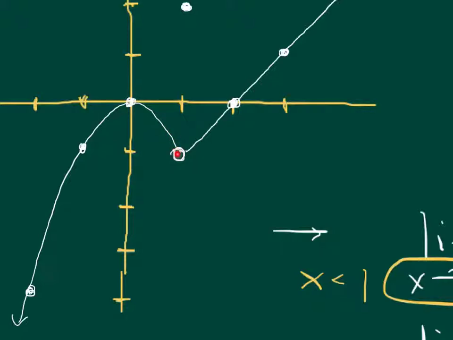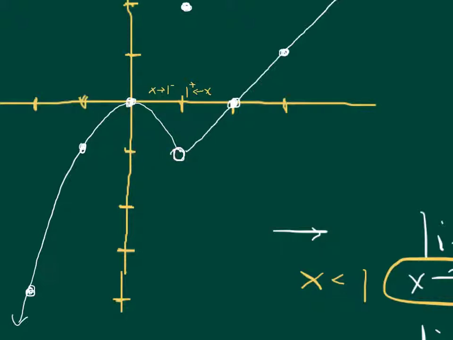And when I say approach 1, what I'm actually doing is approaching over the values that x takes to the left of 1, and then of course on this side we would be approaching 1 from the positive direction. And at the end of the day, we actually get to 1. We don't care that it's an open hole, but we do see that the y value is negative 1.